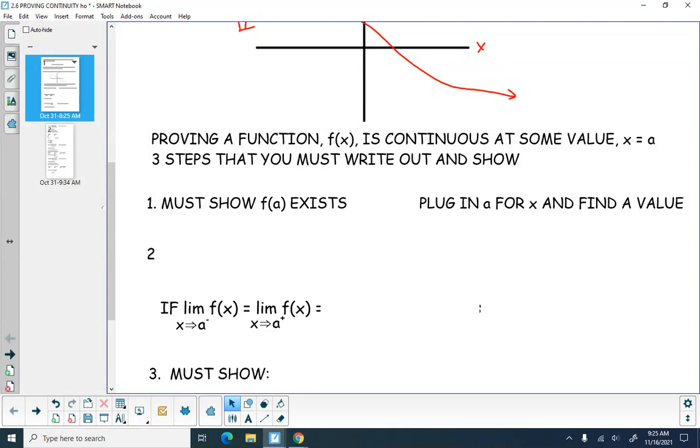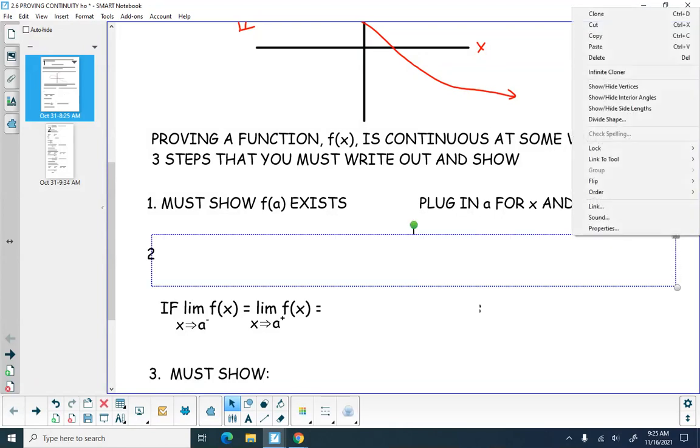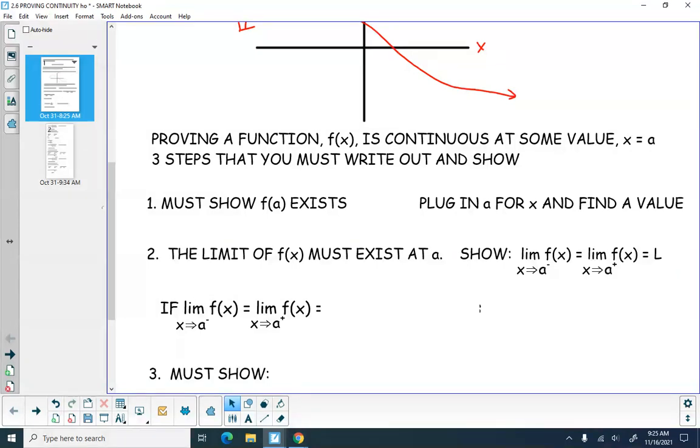Your second step is you need to show that the limit as x approaches a exists. So the limit must exist for the function at a value of a. For this to occur, we have to show 1 thing, 2 different limits.